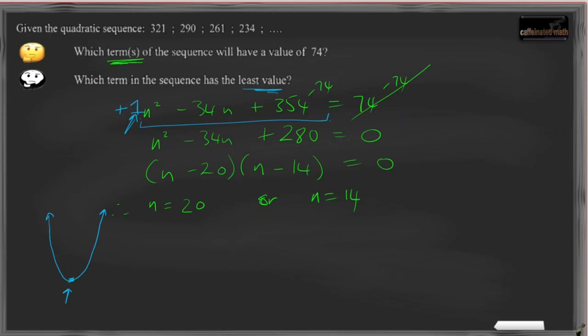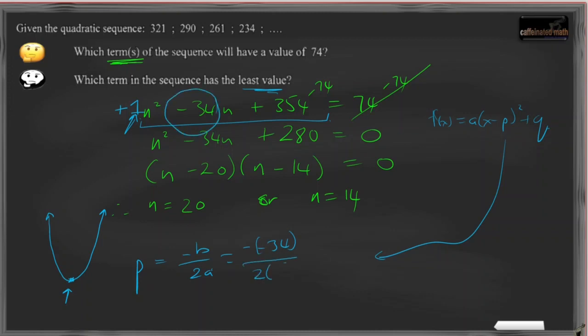Well, given that it's quadratic in nature, the minimum value we know from our turning point form, if we have a function, is a(x minus p) all squared plus q, and then from there p is equal to minus b over 2a, and we just happen to have both of those values, and that's going to equal minus negative 34, because that's our b value, all divided by 2 times 1, because that's our a value as we discussed, and that's just equal to 17.